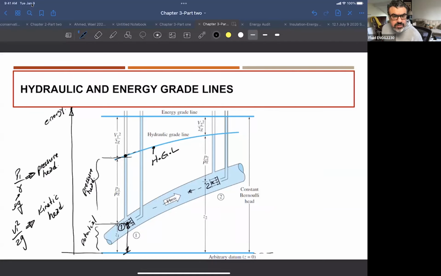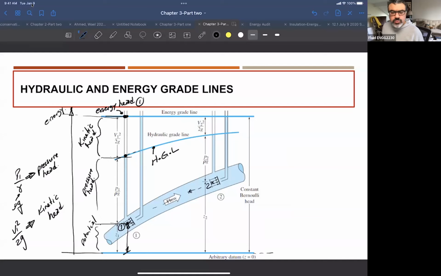In this case, the kinetic energy can be converted to what we call the kinetic head. Now, if in addition to the Z plus the pressure energy, we also add V squared over 2g, this is the kinetic head. And now on this scale, this point refers to the energy head at point 1.